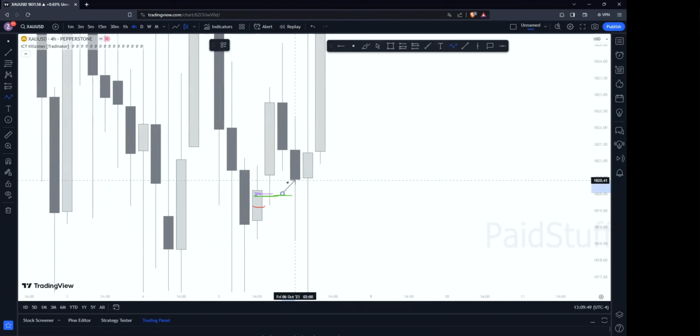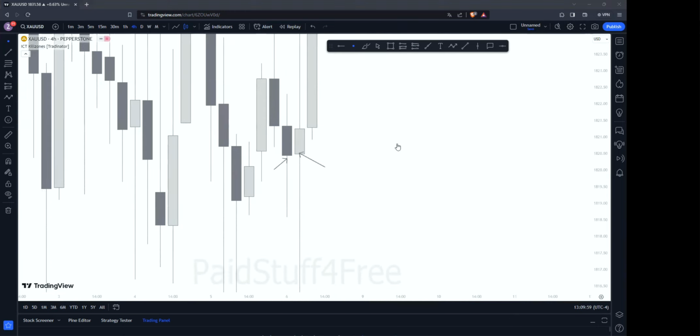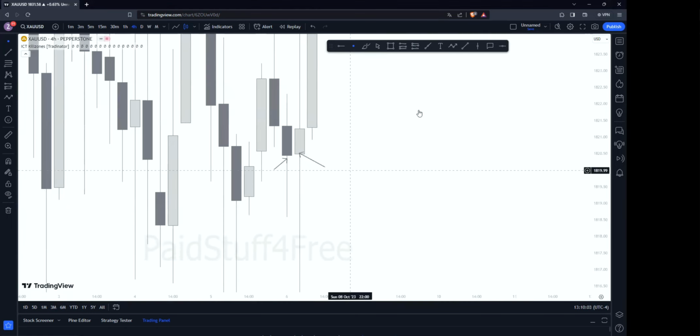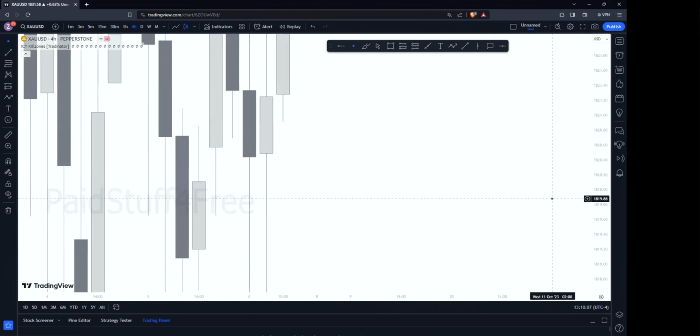You're gonna have the first candlestick right here, then the second candlestick right here, and then the closing of the first one. Where is the key level? Closing of the first one. Amazing. Yes, that's the key level right here.